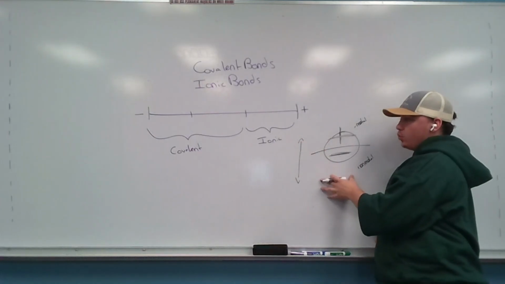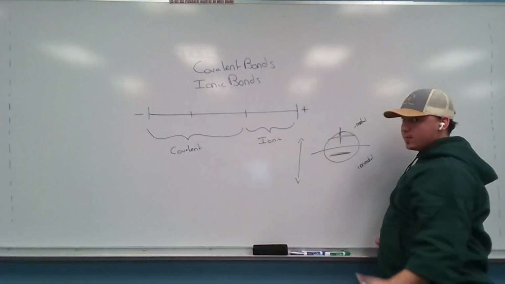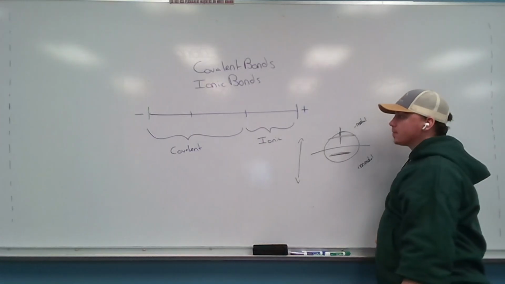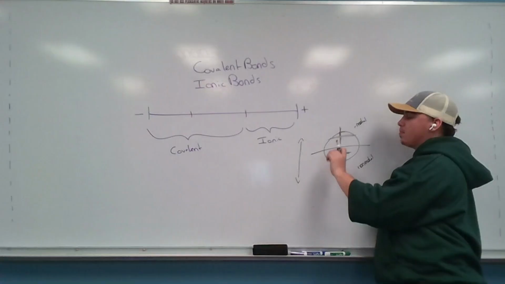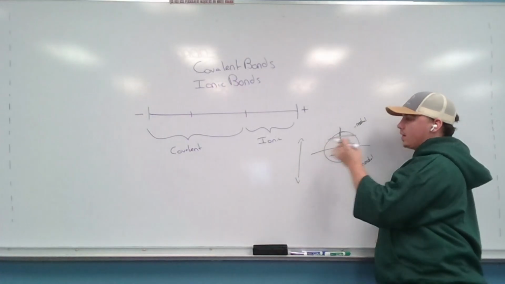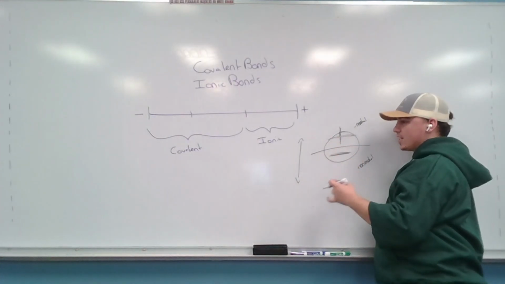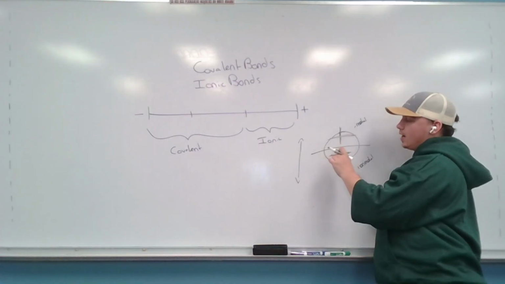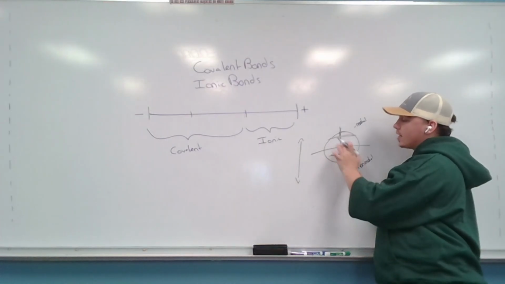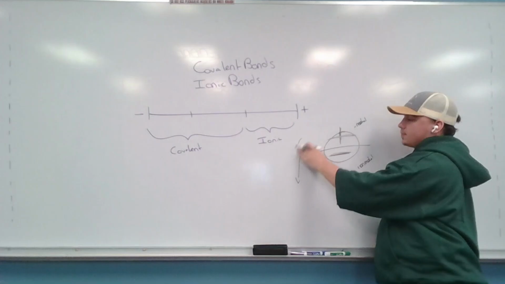This end is going to be really polar from that end. It's going to be a really strong ionic bond. They're going to be very distinct. They're not going to be pushing away from each other. They're going to be attracted very, very forcefully, and that's what's holding them together. It's the positive and the negative attracting to each other. So it's going to be very negative and very positive.